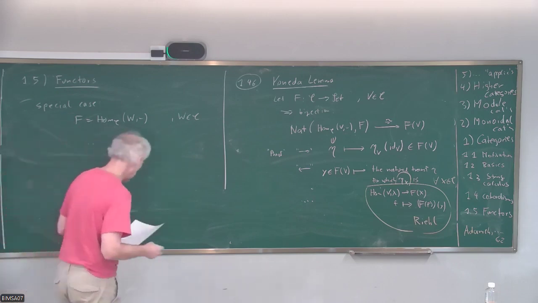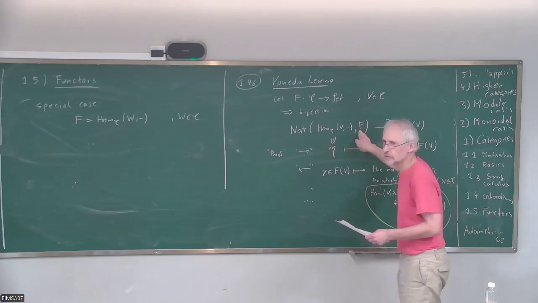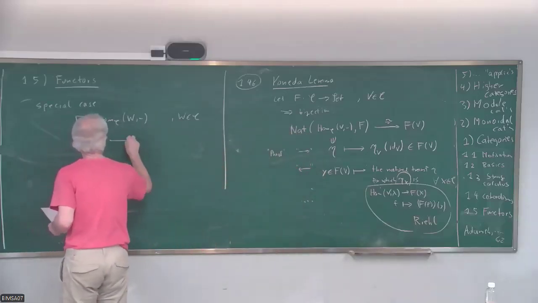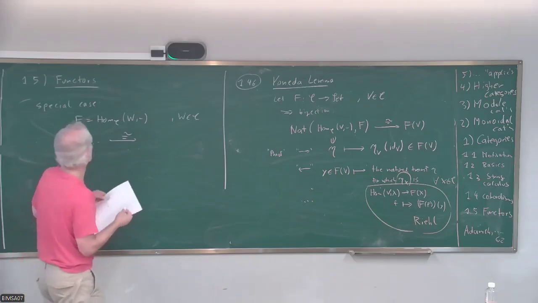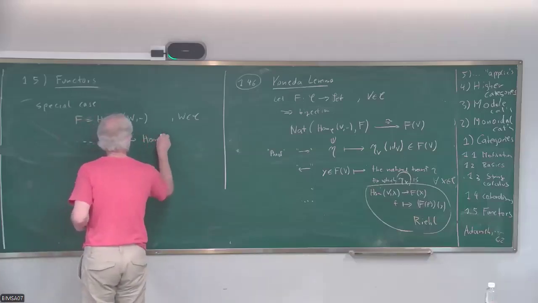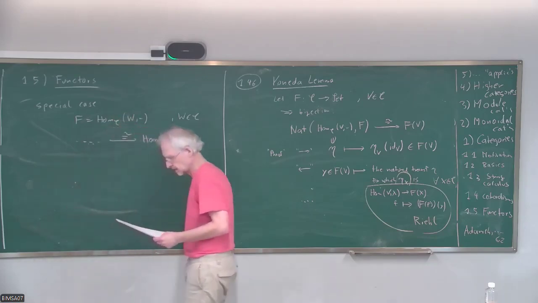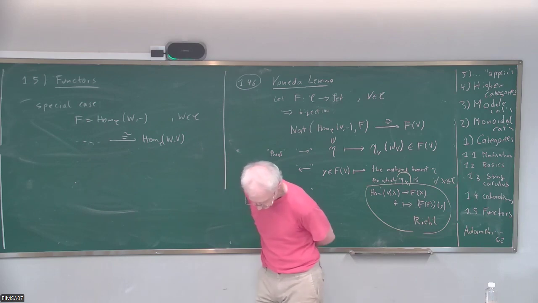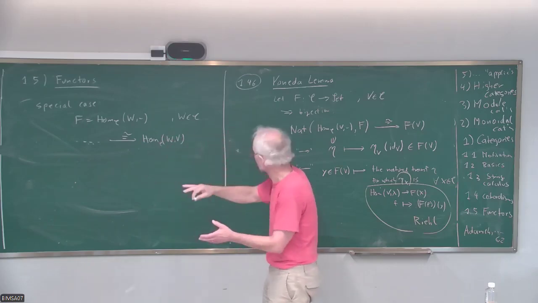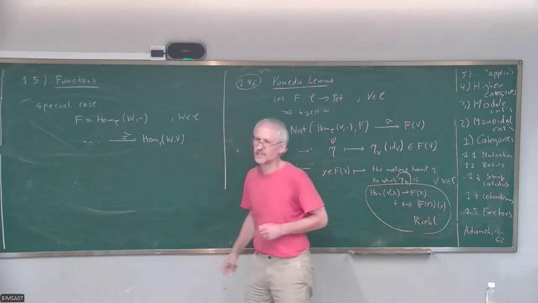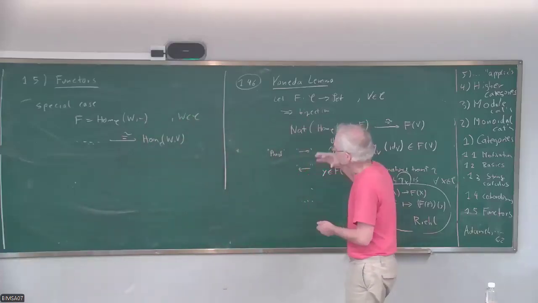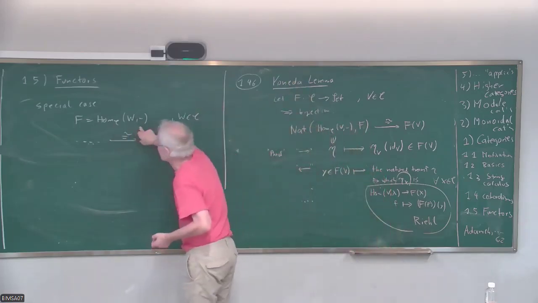And what we then get, when I don't write it down, you just insert here for F this Hom functor, and on this side, what you get is the Hom functor from W to something evaluated at V. So this is just the set Hom_C(W, V), and so we have a bijection between natural transformations between Hom functors and again a Hom functor, namely the Hom set between the two objects which define these Hom functors.